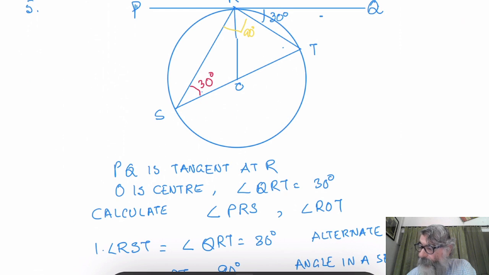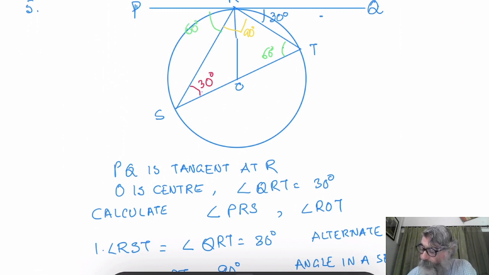Once I've got this angle, I can calculate RTS, the third angle. RTS will be how much? 180 minus (90 plus 30), that will come out to be 60 degrees. Same reason as before. If this angle is 60 degrees, this angle will also be 60 degrees.